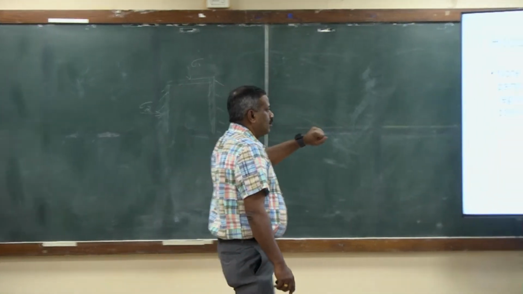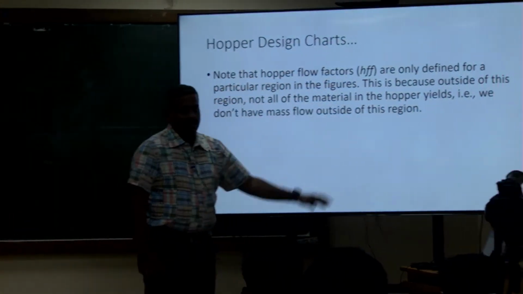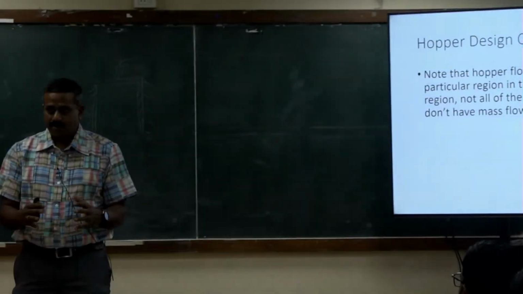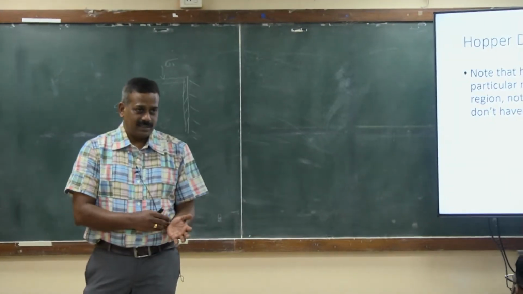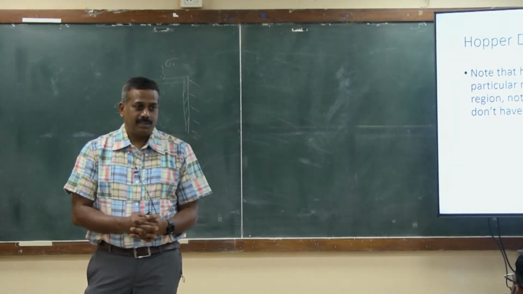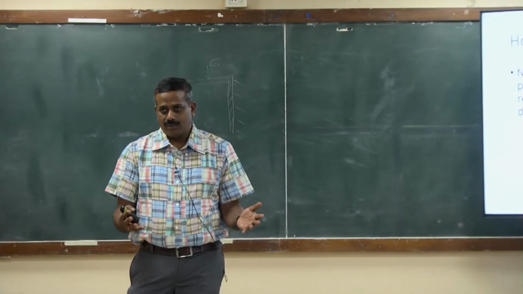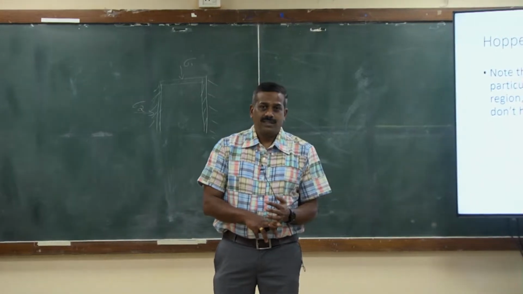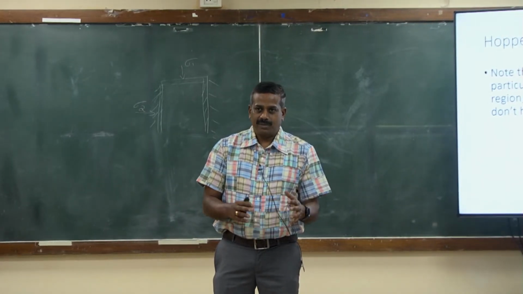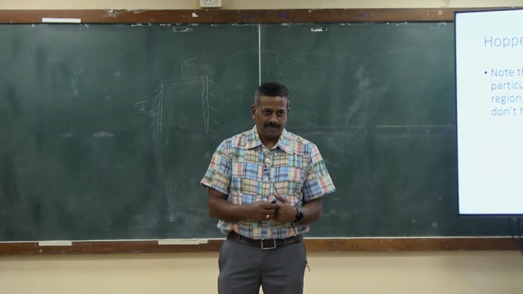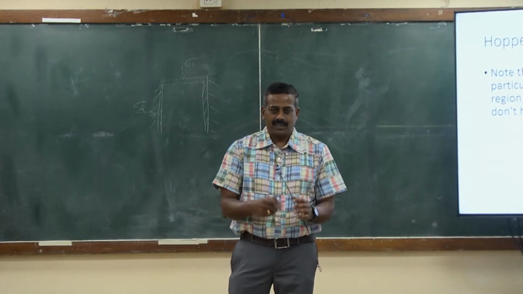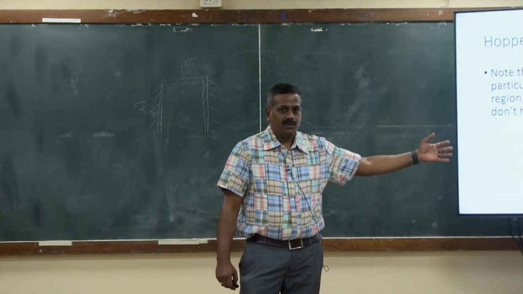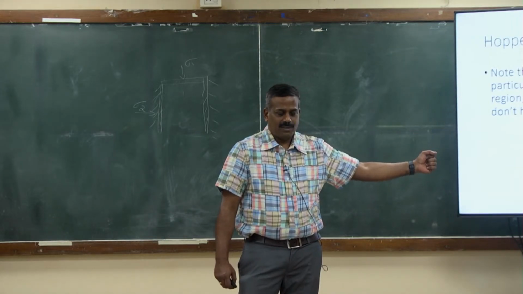As we talked about, he developed these for mass flow hoppers. He developed those relationships for the areas where mass flow occurs. Beyond that region, you can assume the flow will be either funnel flow or it doesn't flow. At those conditions, you will have to use external flow aids like external vibration systems, pneumatic systems, etc. If you couldn't design that hopper angle, then you may not get mass flow, and you will have to use some external flow aids.